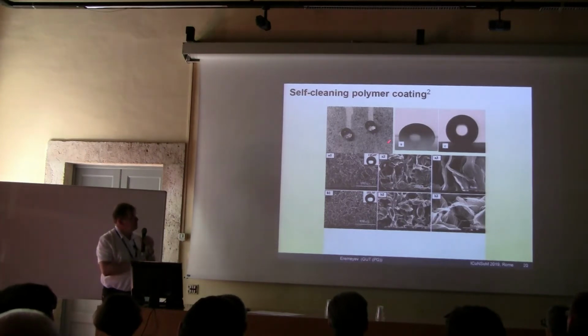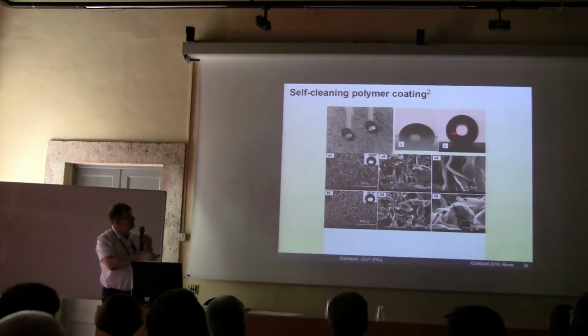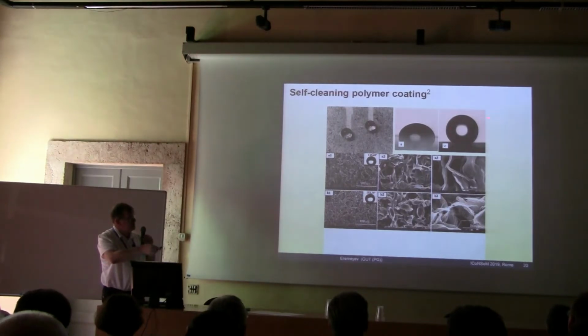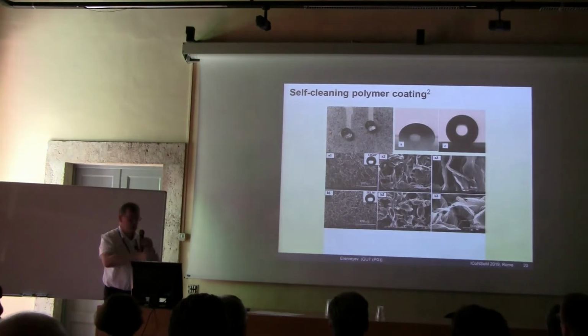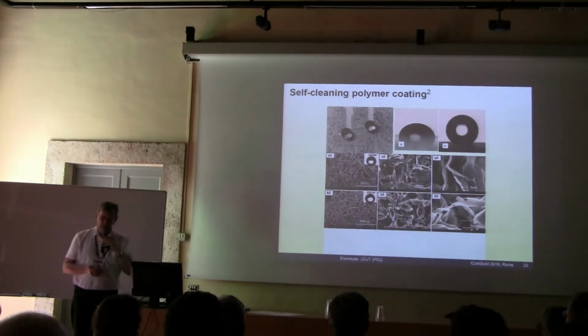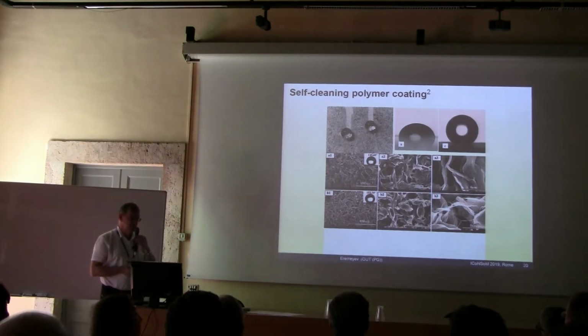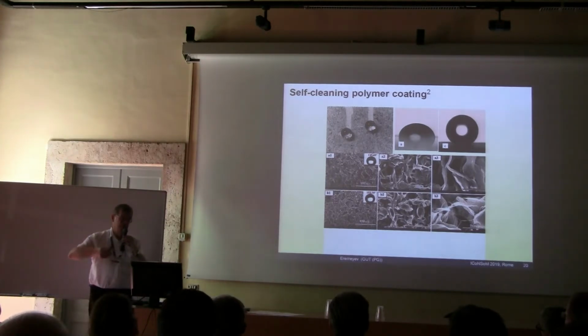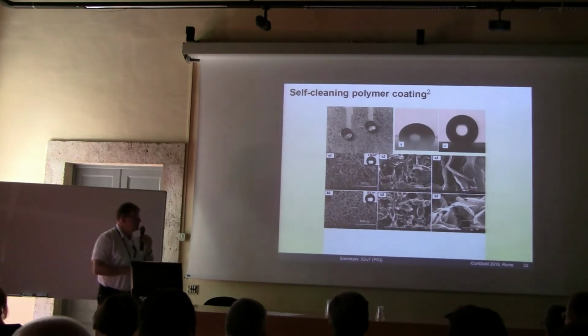You can see the shape of a classical water drop on a classical surface, and a water drop on this self-cleaning surface, which is highly hydrophobic and where the drop is almost like a ball. People suggest using such coatings for making windows clean, to avoid the very expensive procedure of cleaning windows of very high buildings, because it costs money.